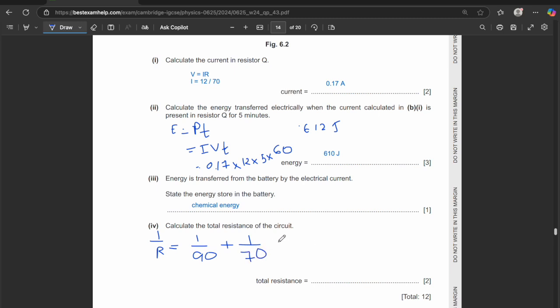Actually if you put that in the calculator, you just need to put it like this in shortcut. So 6300 over 160, 39.375, and you can take two significant figures, 39 ohms.